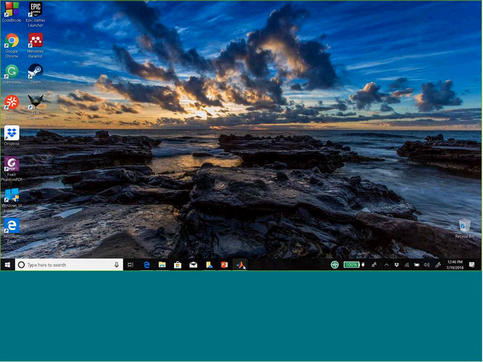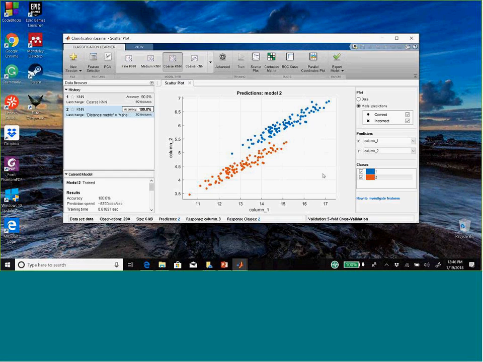Okay, I think I know what you're asking, so let me go back here. The measure of distance, okay. First let me just do this. In this particular case, this is k nearest neighbor. If you go to the advanced options for distance, Mahalanobis is a distance.